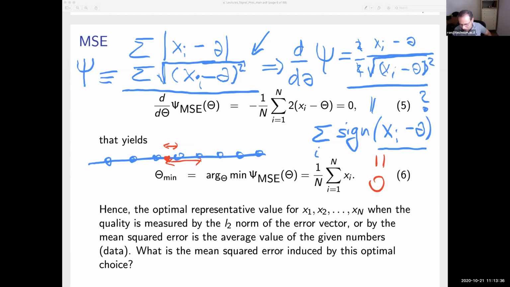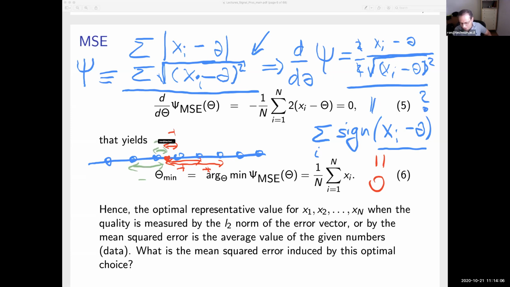So all the ones on the left would have a positive sign. At the other end, all the points on the right would have, again, who forgot the minus sign? Somebody forgot the minus sign. So at the other end you'd have all the negatives.